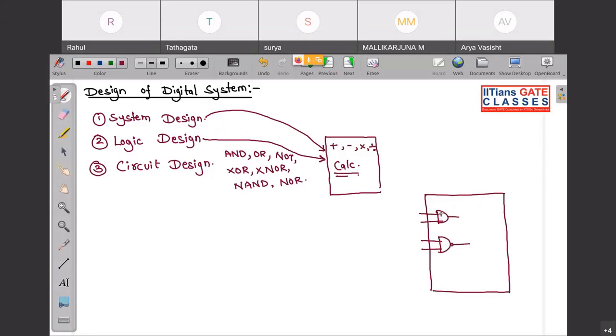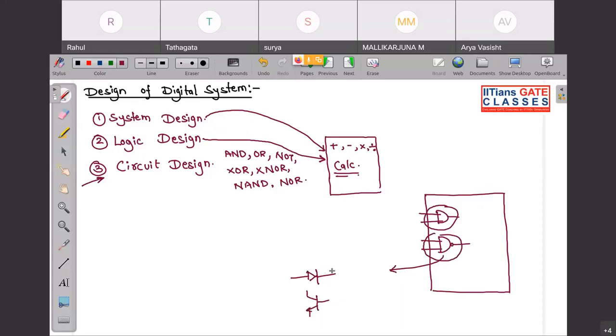Now what is circuit design? Circuit design basically means, see this AND gate or this NAND gate, they also need to be designed. How are we going to design this? We are going to design this with the help of diodes, transistors, or MOSFET, JFET.